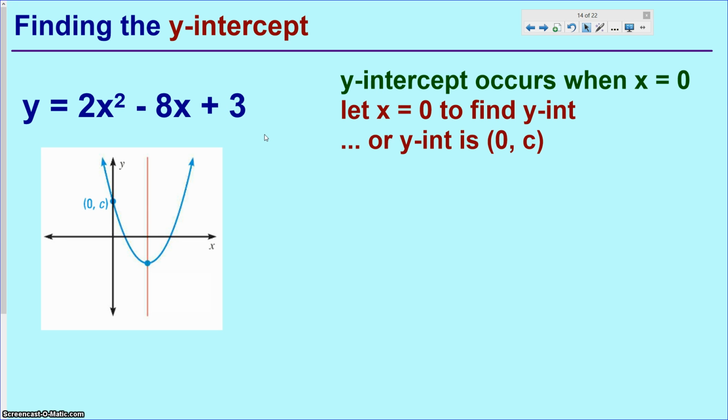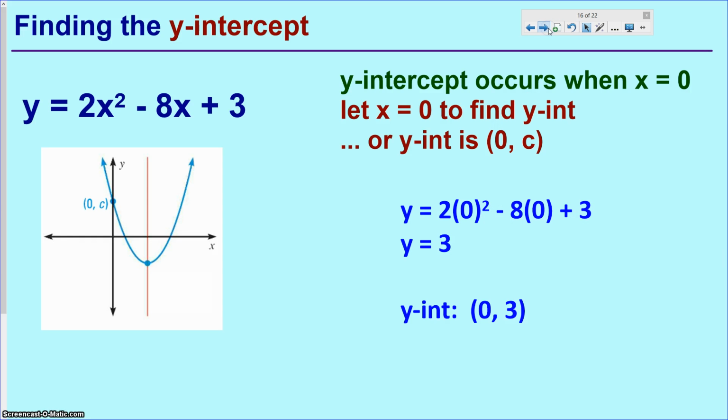That will be your y-intercept. It'll just be (0, whatever your c value is). In this case, 3. So our y-intercept in this case will be (0, 3). If you don't believe me and you just want to work it through a little bit, just let x equal 0. Those two things equal 0. You put in 0, you get out 3, so you have the point (0, 3).